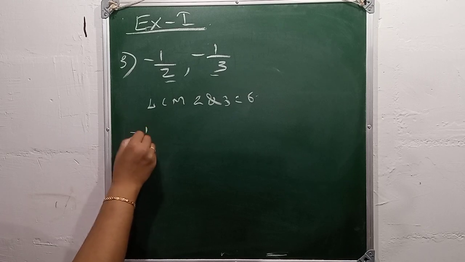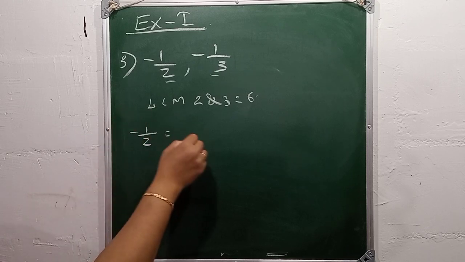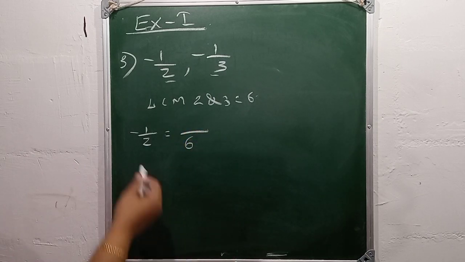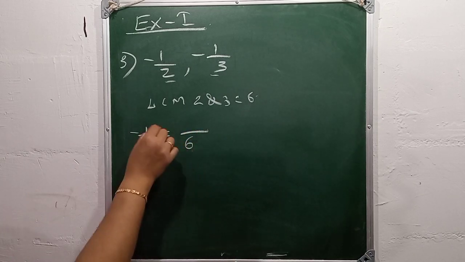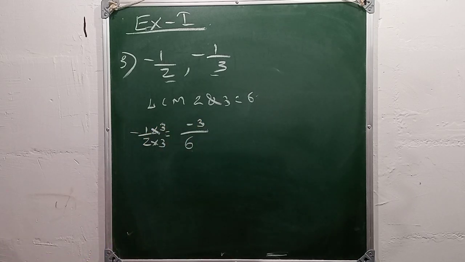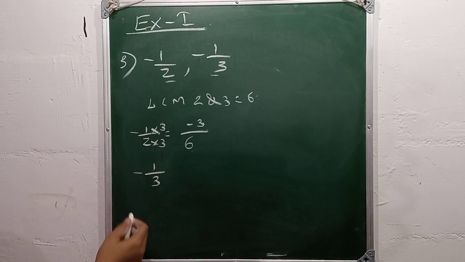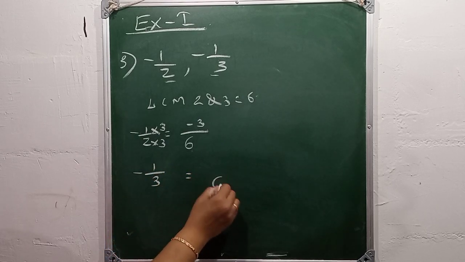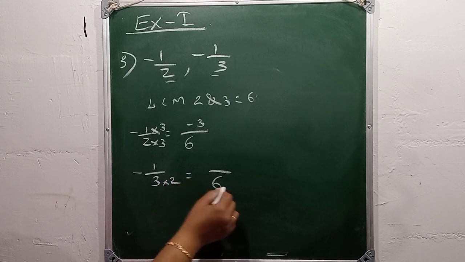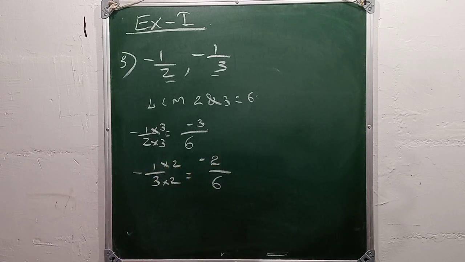Then negative 1 by 2: first we find an equal fraction of negative 1 by 2 with the denominator 6. For that, 2 into 3 is 6. Then negative 1 into 3 is equal to negative 3 by 6. Then next is negative 1 by 3. With the equal fraction, 3 into 2 is equal to 6. Then negative 1 into 2 is equal to negative 2 by 6.